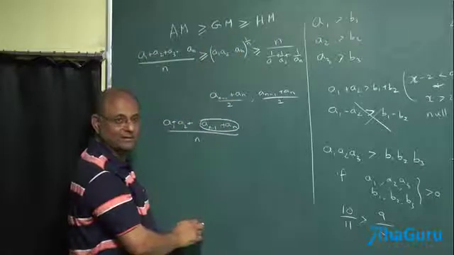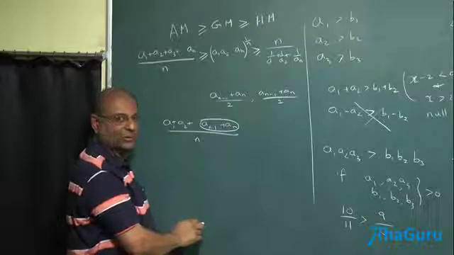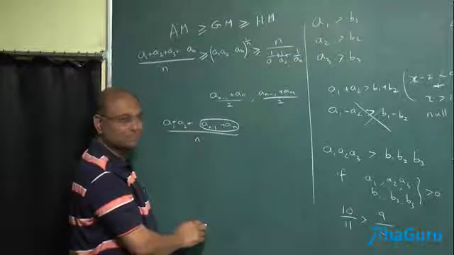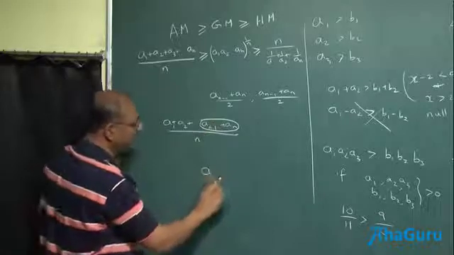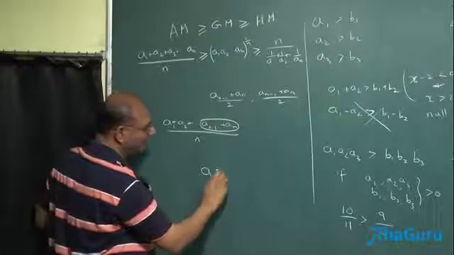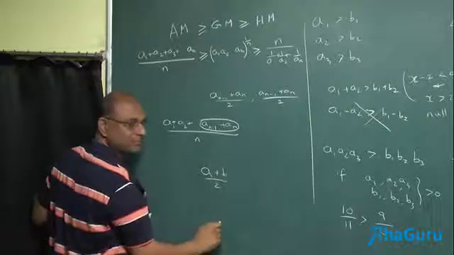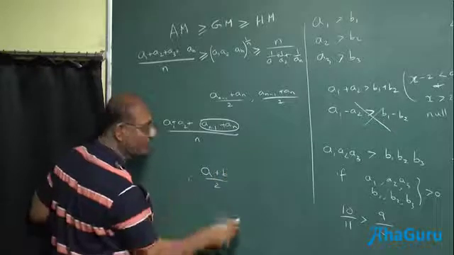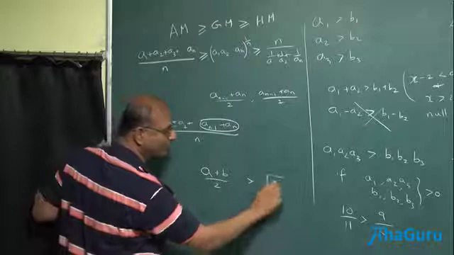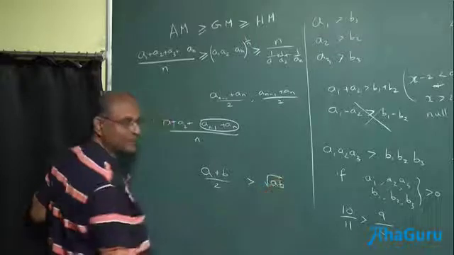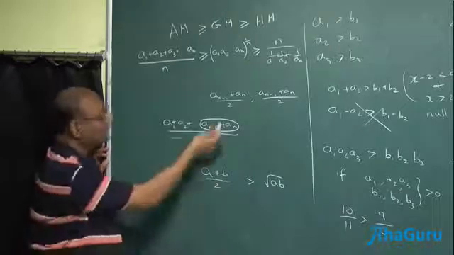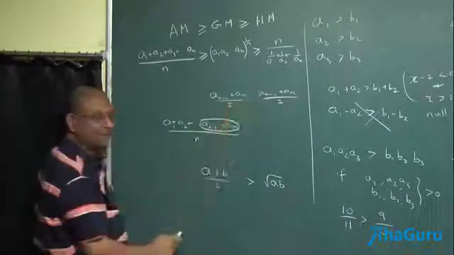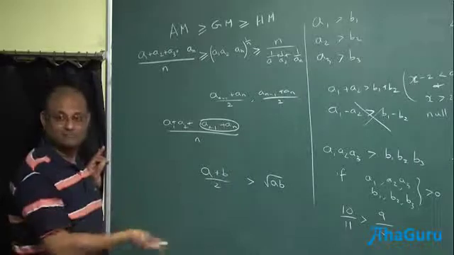Why? Because if I made these two the same number, it's very easy to show. If I had A and B, imagine I have (A plus B) by 2 and (A plus B) by 2. You know this is bigger than root AB, right? You know this is generally true. And so the product of these two must be bigger than AB.